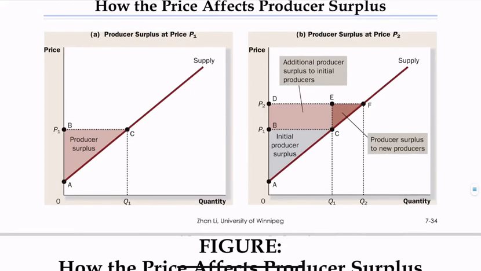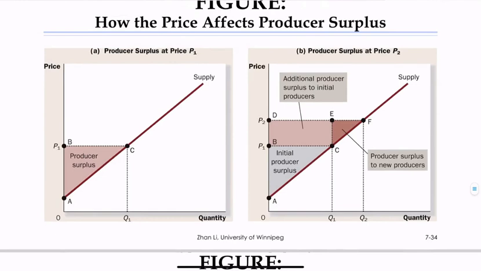So here, let's say we start from the case on the left-hand side. We have the price P1 here, and the producer surplus is given by ABC. Next, the price increases from P1 to P2. In this case, you can see that the producer surplus is given by ADF.